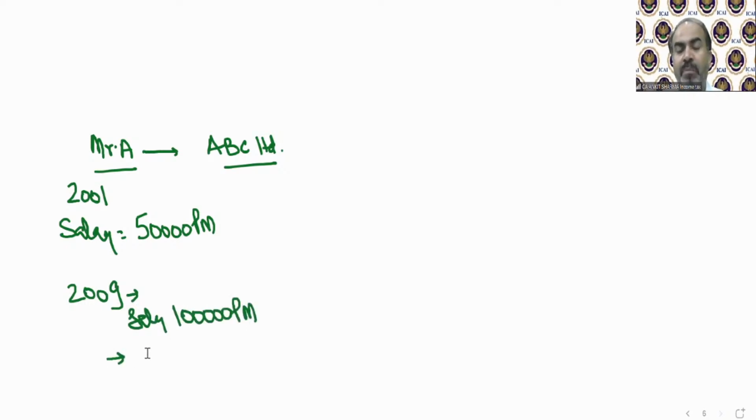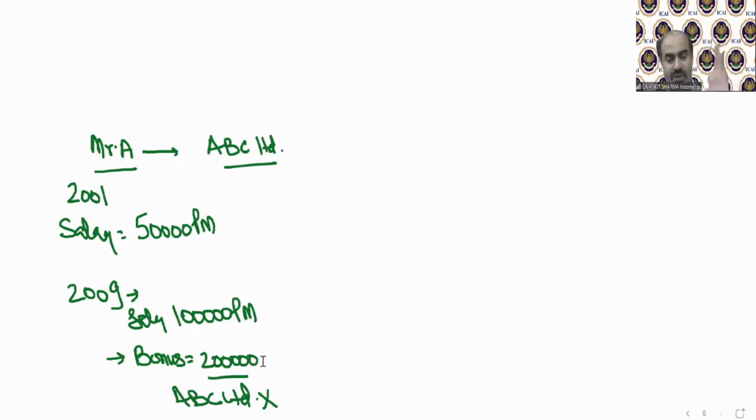All employees got Diwali bonus in this year, but Mr. A did not get any Diwali bonus. So Mr. A asked his employer for that bonus of, for example, 2 lakh rupees, that it should also be paid to him, but ABC Limited denied. They said, no, your performance is not up to the level, so we are not going to pay you any bonus.